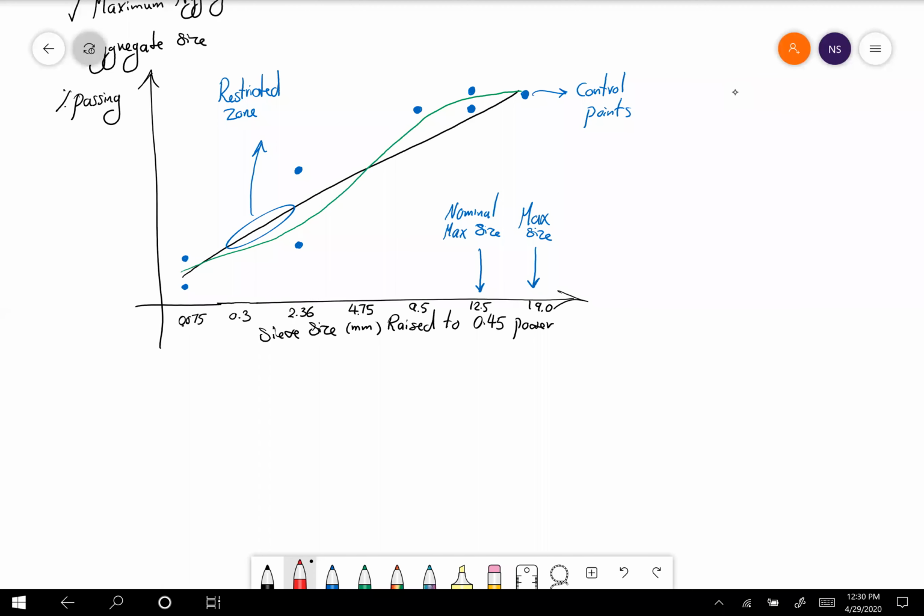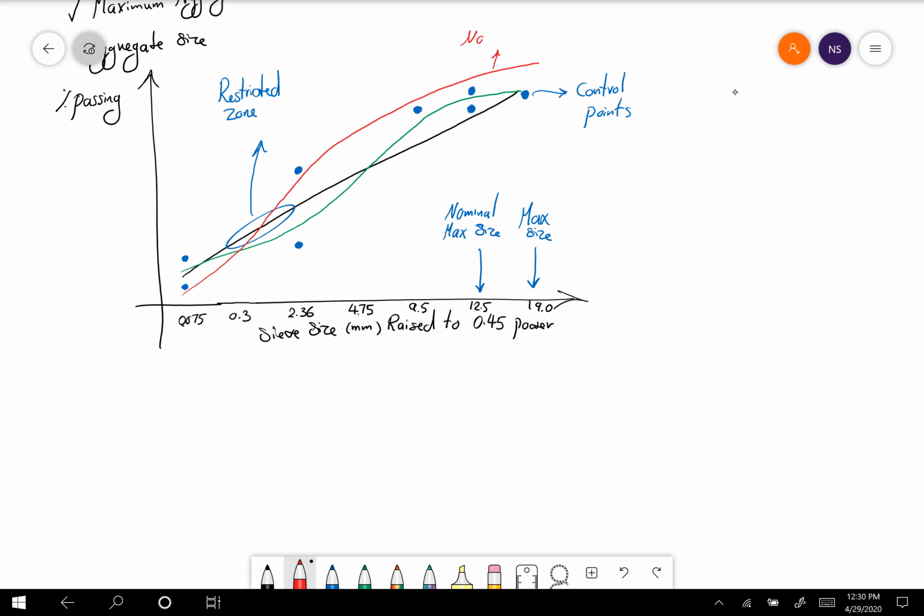However, if your gradation looks like this, it is not acceptable, because over here you're not within the range, over here you're in the restricted zone, here you're outside of the range, here you're outside of the range, and so forth. So these are the things that we need to consider for the aggregate considerations.